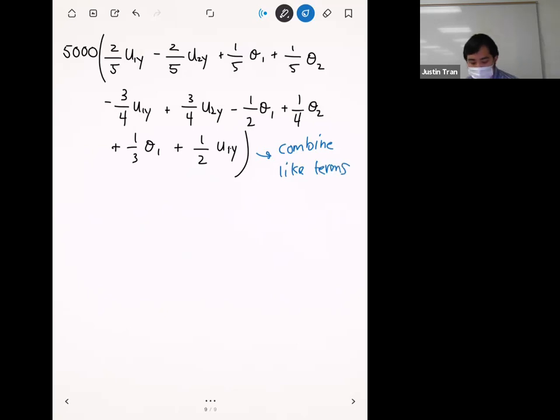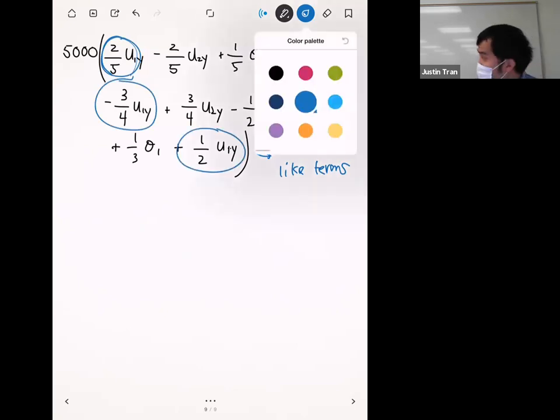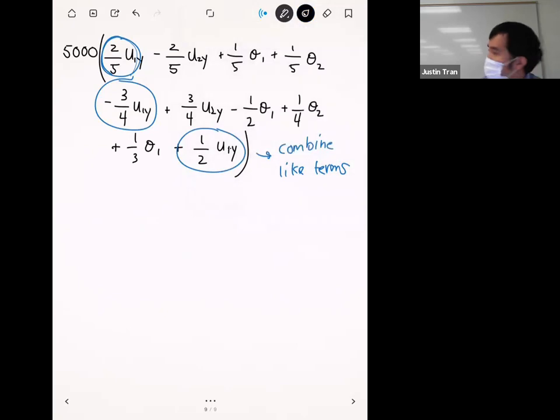From here, what we can do is combine the like terms together. All the terms that have u1y, we're going to combine together. Whenever I'm doing a combination task, I always like to use colors when I can. But if not, you can do this in stages. The way I usually do this is first I'm going to bring down 5,000.